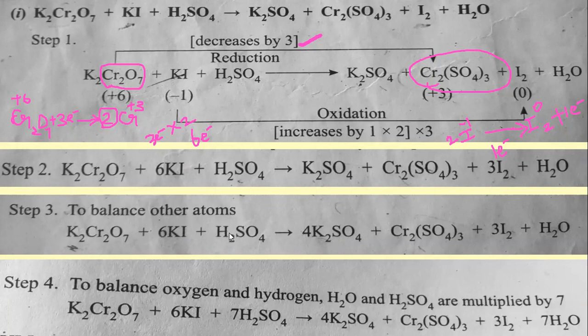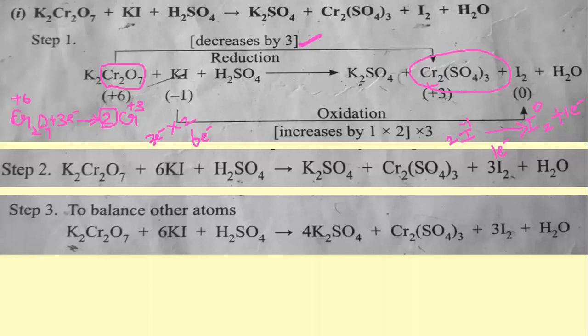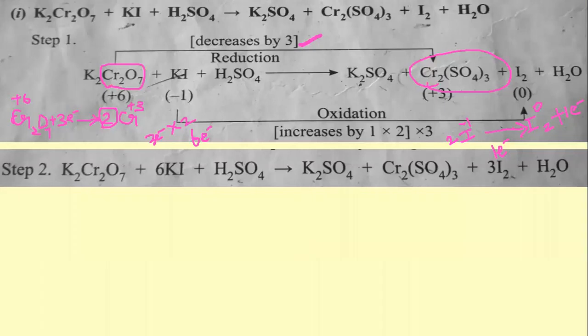Simply you check here H2SO4 has 2 hydrogen, whereas in the product side also 2 hydrogen. So hydrogen gets balanced. If you check for the sulfur, in the reactant side 1 sulfur, whereas in the product side you see 4 sulfur and here 3 sulfur, so 7 sulfur. Like that you have to check each individual atom.